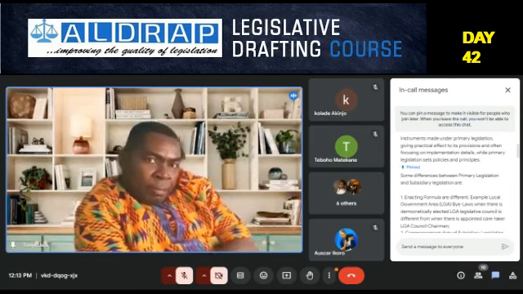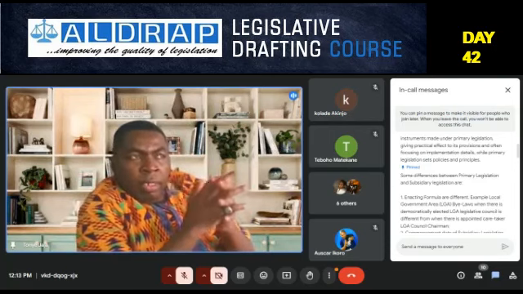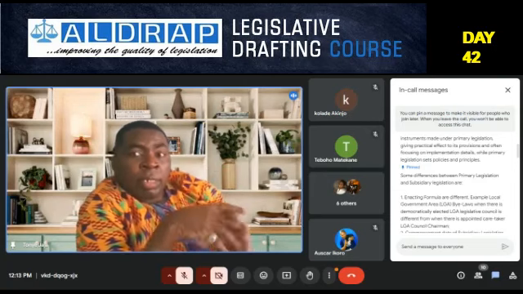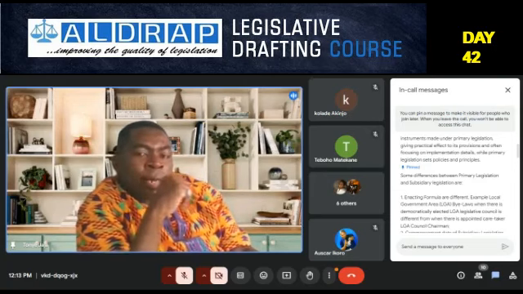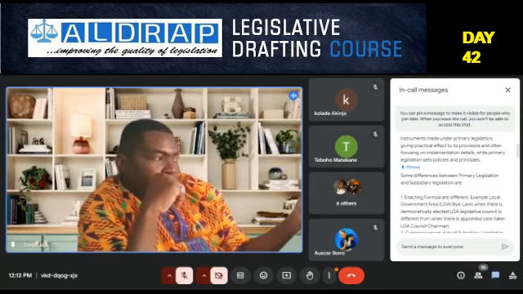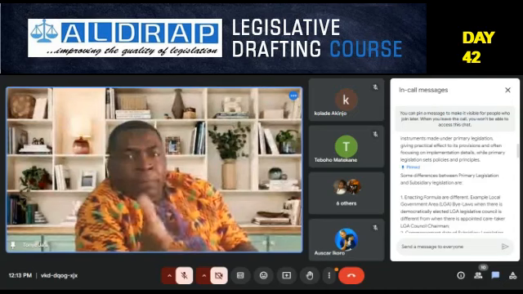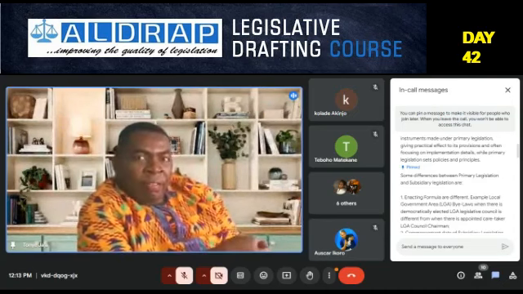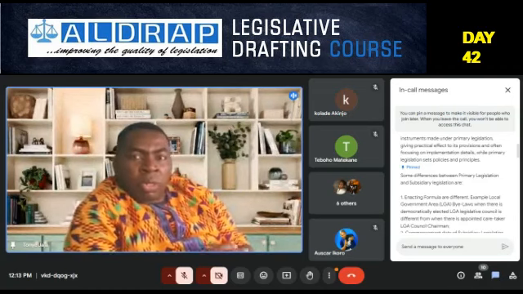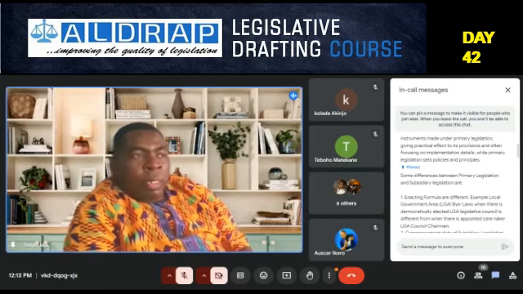In Nigeria, subsidiary legislation is drafted by the minister or whoever is in charge, and then it is gazetted. The Gazette is published by the Federal Ministry of Justice of Nigeria.